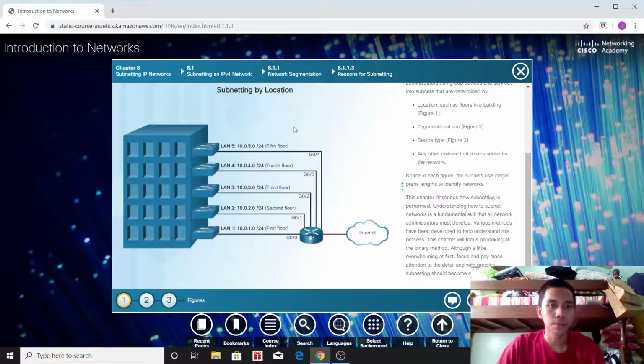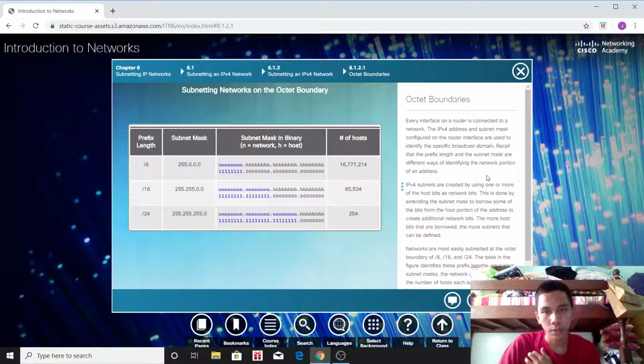Subnetting on octet boundaries. Every interface on a router is connected to a network. The IPv4 address and subnet mask configured on the router interface are used to identify the specific broadcast domain.